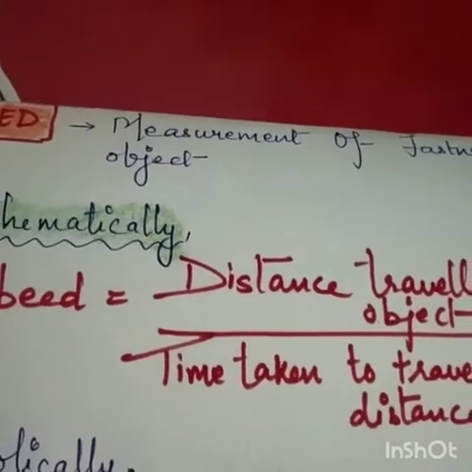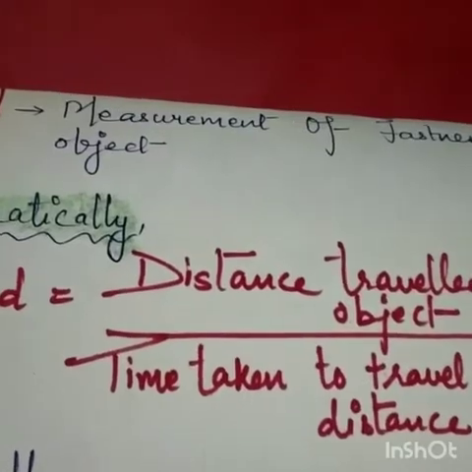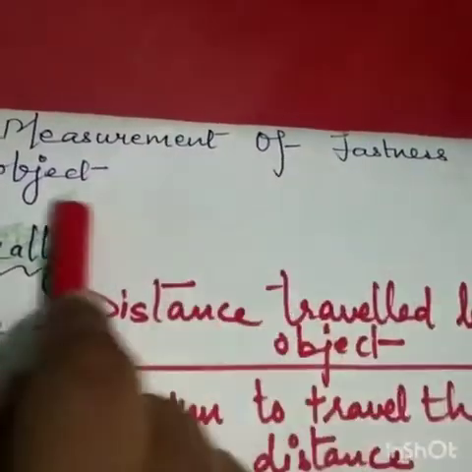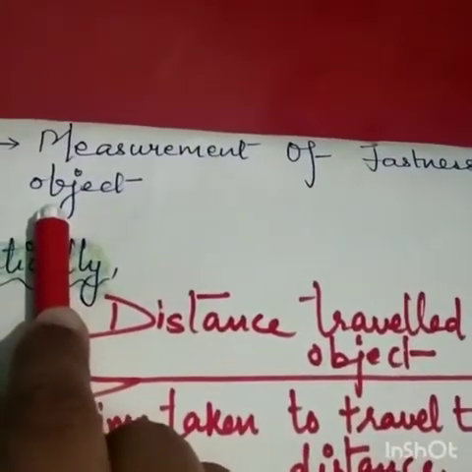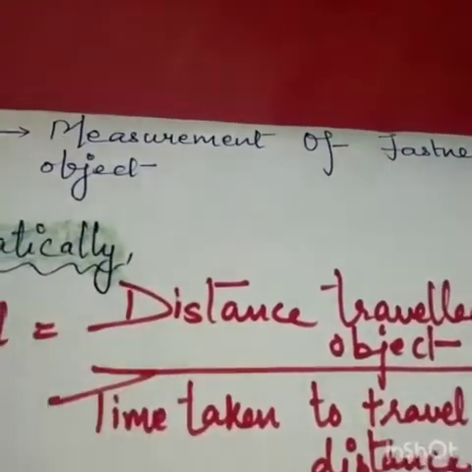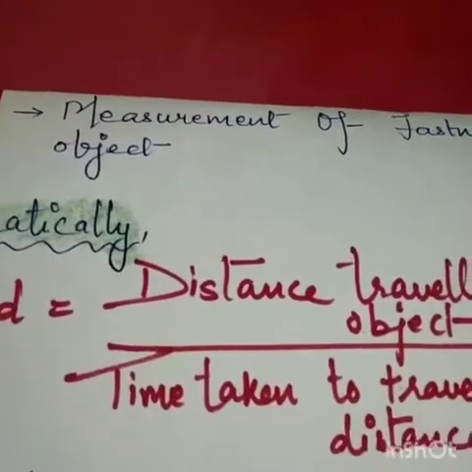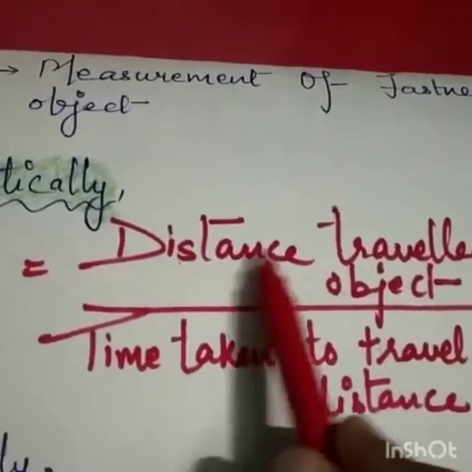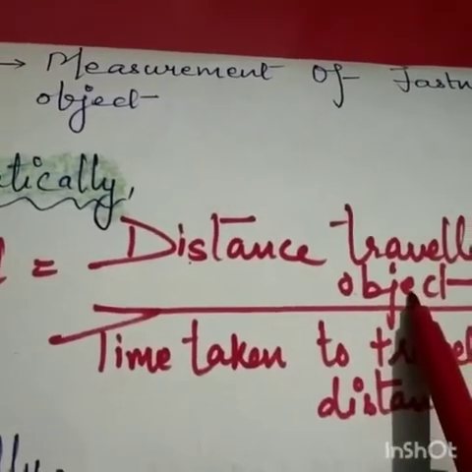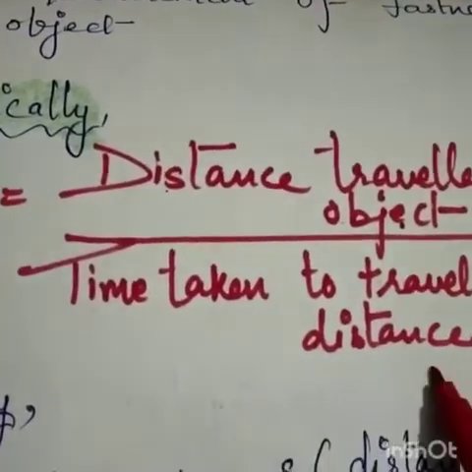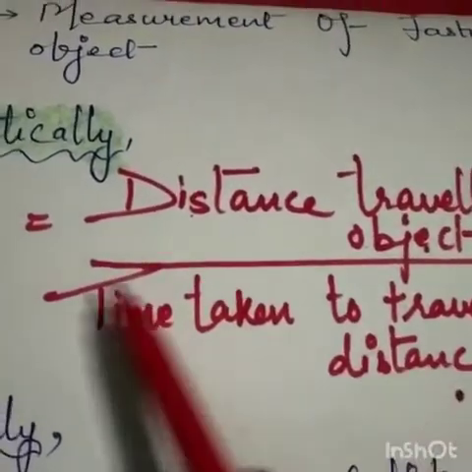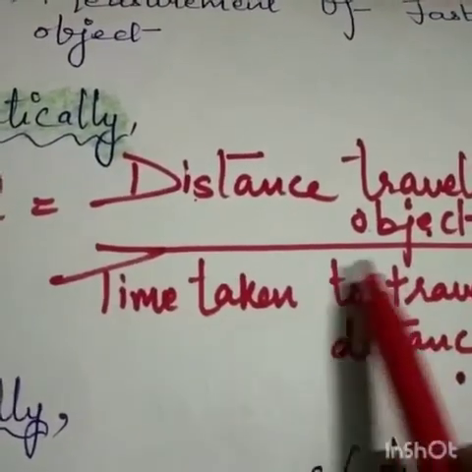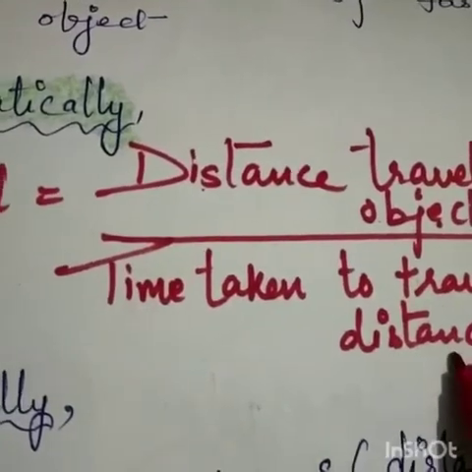The next concept in this lesson is speed. Children, speed is the measurement of fastness of a moving object. Mathematically, speed is equal to the distance traveled by an object divided by the time taken to travel the distance.